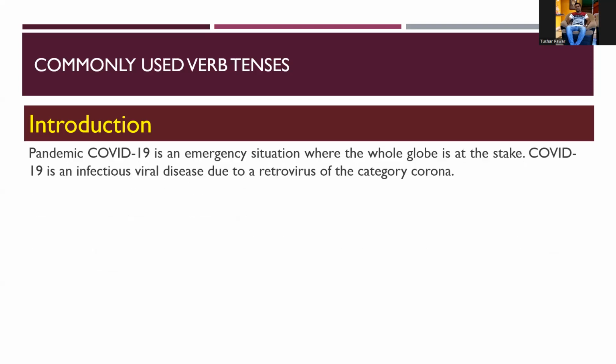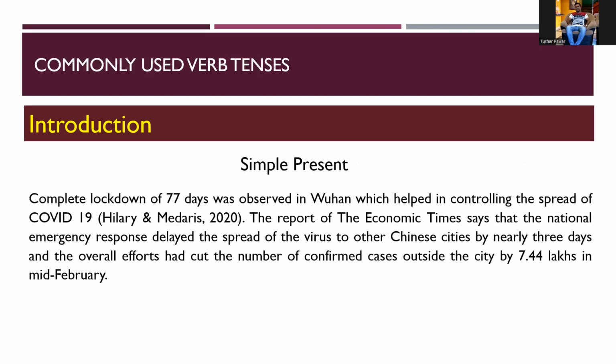Now see the introduction. "Pandemic 19 is an emergency situation where the whole globe is at stake. COVID-19 is an infection." So this is simple present. Another paragraph: "Complete lockdown of 77 days was observed. The report of Economic Times says that."